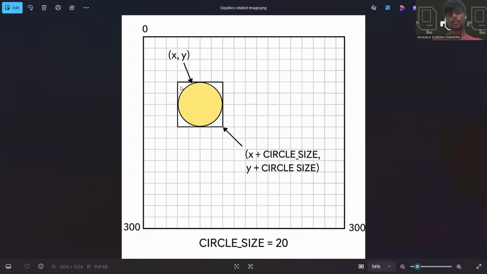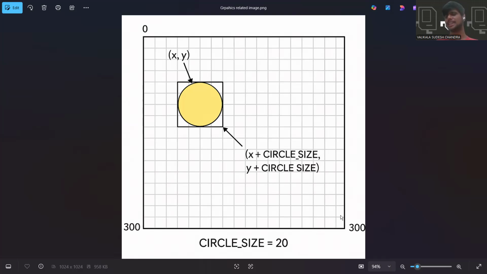See, this is the dimension of the canvas that is provided to us, and we want the circle to be exactly present inside these parameters. Now, some of you might get confused about what is happening over here. The first confusion is that we want the circles to be present inside the canvas, which we have ensured by removing the size of the circle from the height and the width of the canvas.